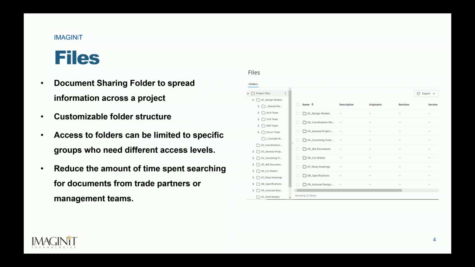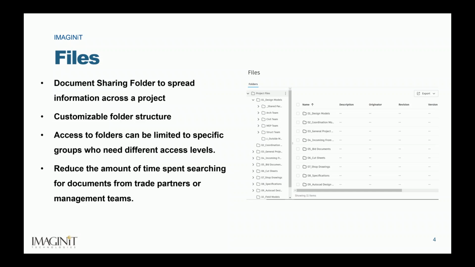Files allows us to customize all folder structures based on your specific needs. And it is important to note that only project admins have permissions to create, edit, and manage folders, as well as set permissions to these, while users can only upload, view, and download files depending on their permission levels. So permissions and access to folders can be limited to specific groups who need different access levels. To the right, you can see what the module looks like within ACC, and this is a really great example of what the files could look like in a project.